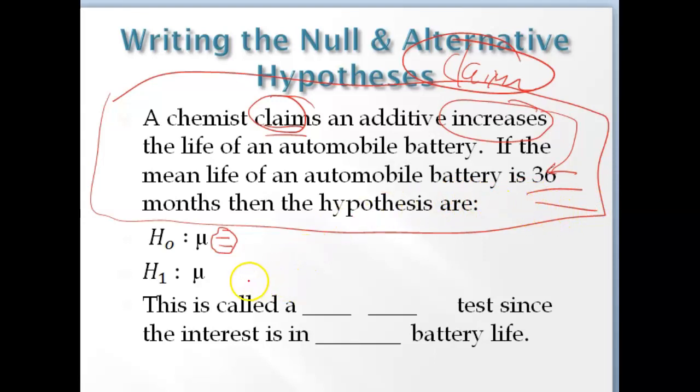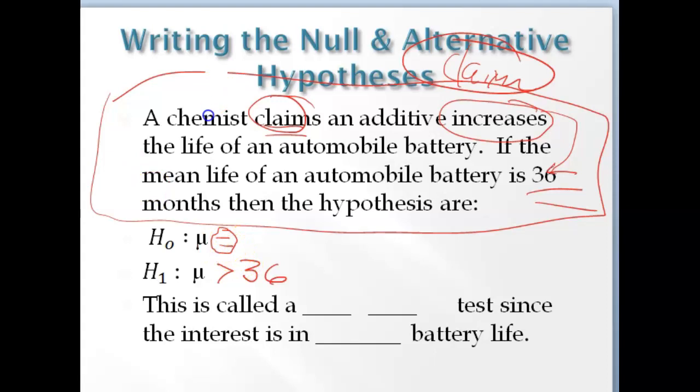So our claim here is that the mean life, which is mu, is going to be greater than 36. Now, again, it's easy if you try to identify the claim first.